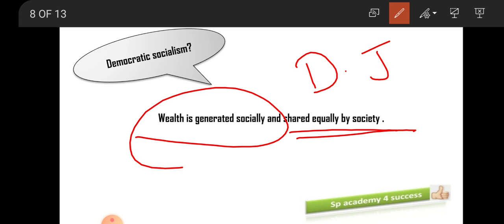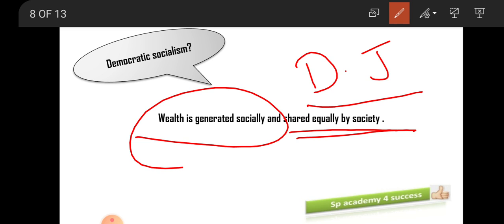So I repeat, democratic socialism means wealth is generated by the government socially and shared equally with all the members in the society, and this process is called distributive justice. The concept behind this is that wealth should not be concentrated in the hands of a few people.